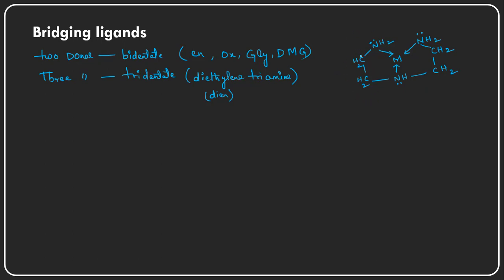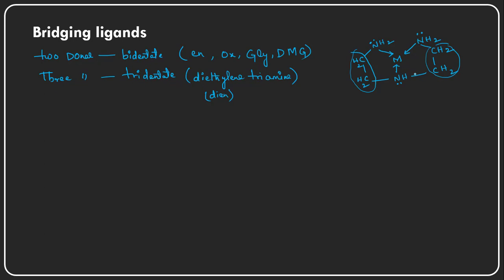It has two ethylene units and three amine groups. So this molecule has three donor atoms and is a tridentate ligand.